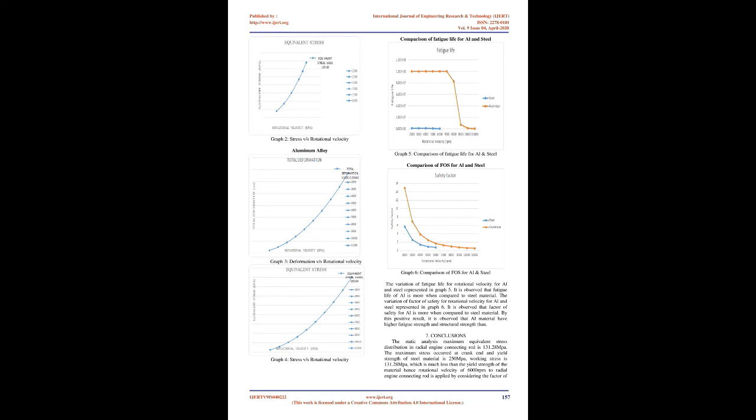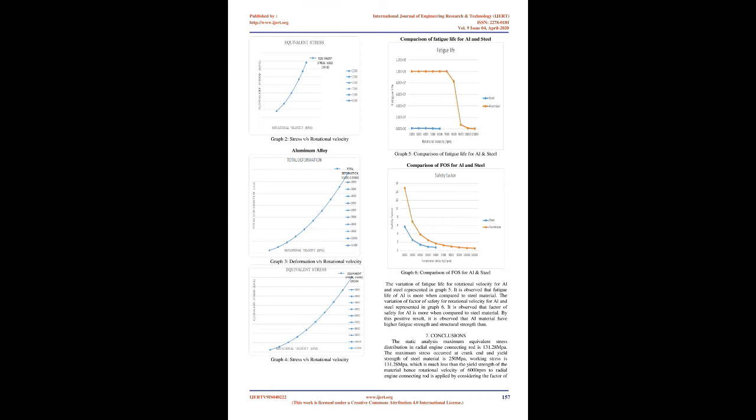In the static analysis, the equivalent stress in the radial engine connecting rod is 157.71 MPa. The maximum stress occurred at the crank end and hence care needs to be taken about the thickness of the crank end. The yield strength of aluminum alloy is 280 MPa and the working stress is 157.71 MPa, which is lesser than the yield strength of the material, hence providing a rotational velocity of 11,000 rpm to the radial engine connecting rod, considering a factor of safety within the range of 2.4 to 2.8.